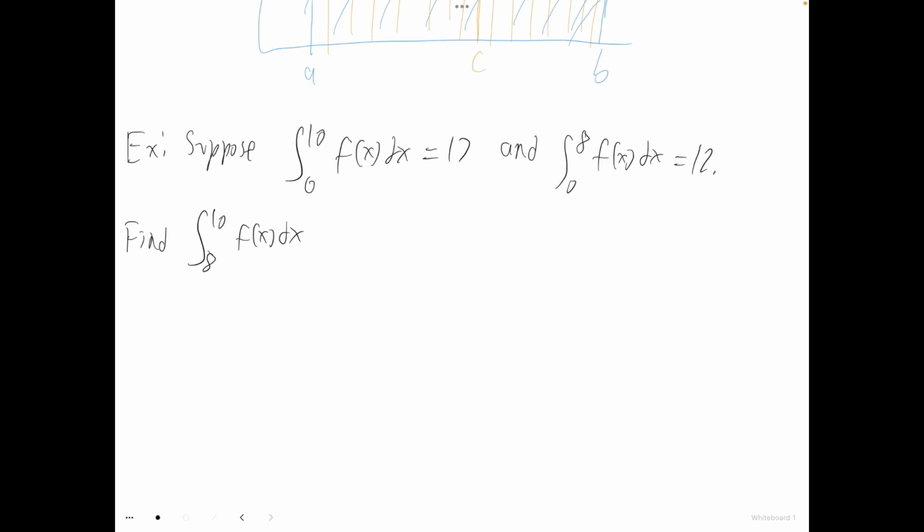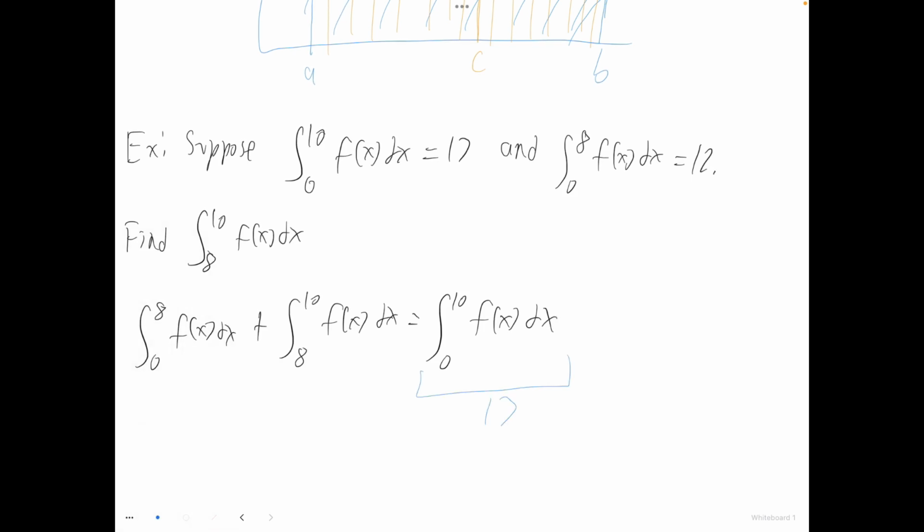And so by the property we just mentioned, the integral from 0 to 8 of f of x dx plus the integral from 8 to 10 of f of x dx is equal to the integral from 0 to 10 of f of x dx. But we can plug in some of these values. The integral from 0 to 10 is 17, and the integral from 0 to 8 is 12.